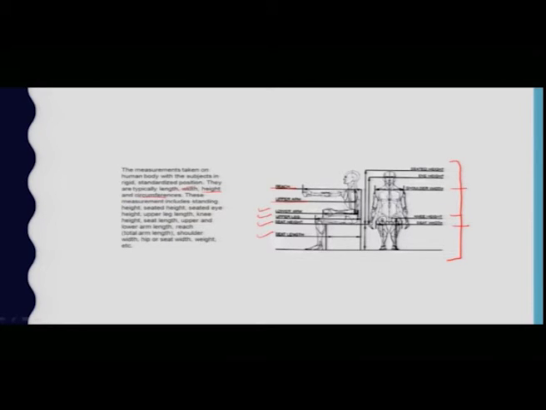These measurements include standing height, seated eye height, upper length, knee height, seat length, upper and lower arm length, reach, shoulder width, hip or seat width, etc. Suppose you are sitting inside a car in the driving seat, so those aspects are very important in order to design a proper workspace to handle the steering wheel. If a person is sitting, that reach is also very important.